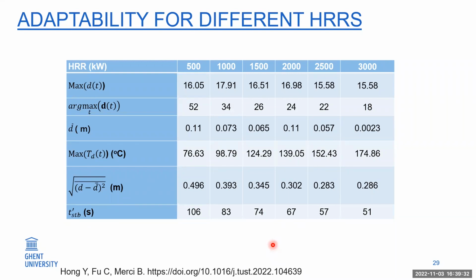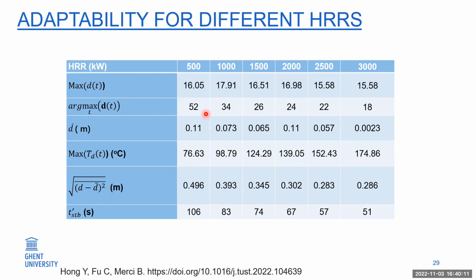So it means the rise of the ventilation system also increases faster for the higher heat release rate. And the second metric is the time that the smoke reaches the maximum backlayering length. You can see this value decreases with the heat release rate, just as mentioned above.